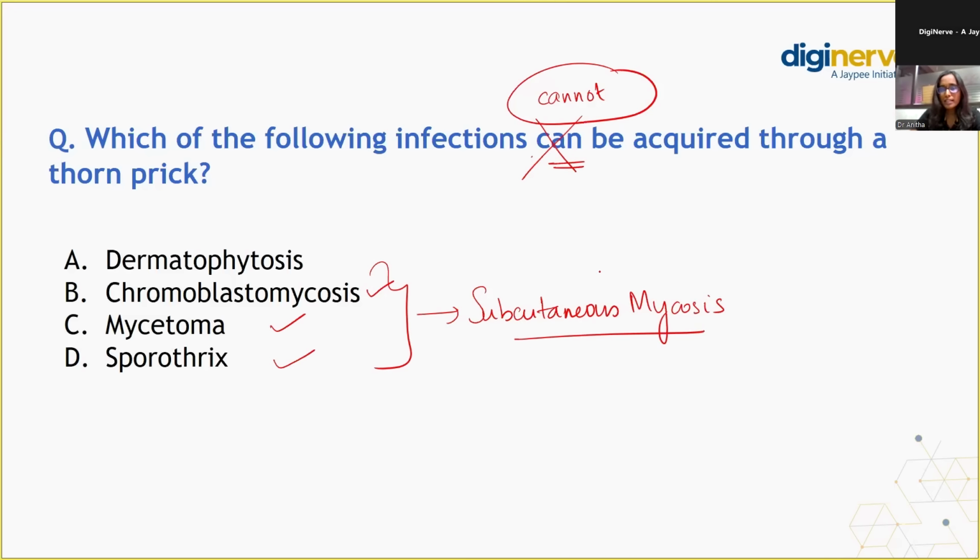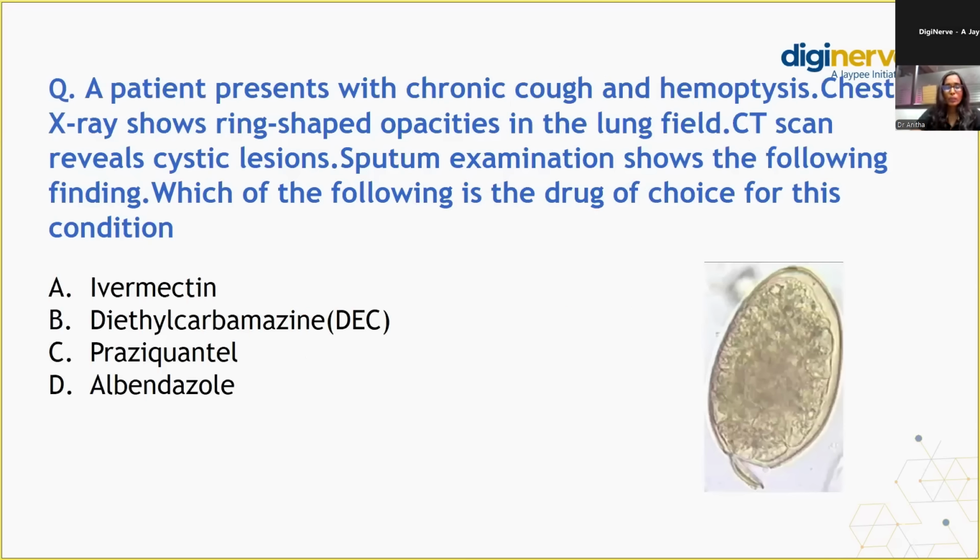So the exception here is dermatophytosis, which is usually acquired through close contact with a human being, or it can be acquired from animals or from soil. The answer is dermatophytosis. All the others causing subcutaneous mycosis, that is chromoblastomycosis, mycetoma, and sporotrichiosis, can be acquired through a thorn prick. Next question.